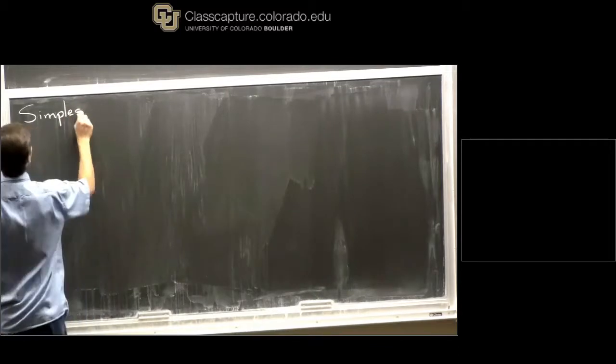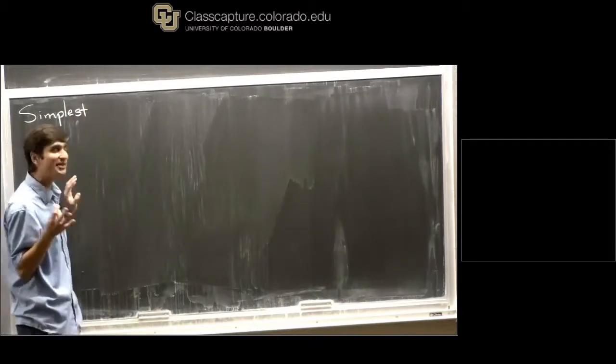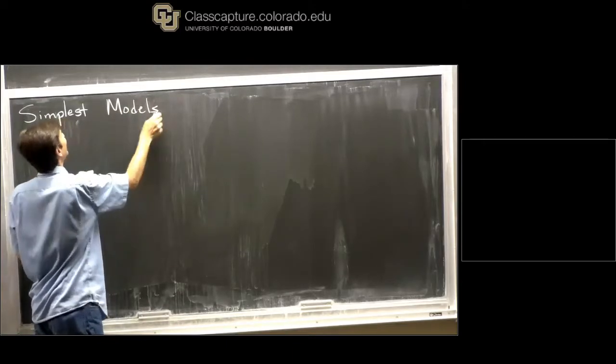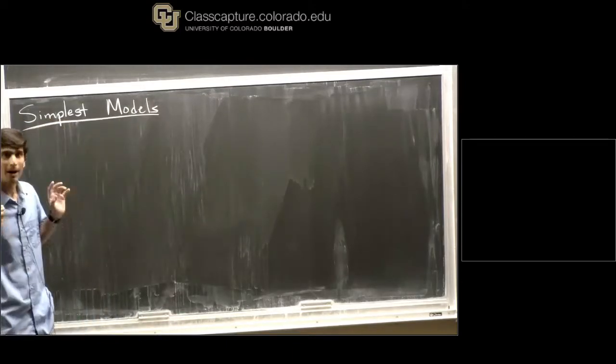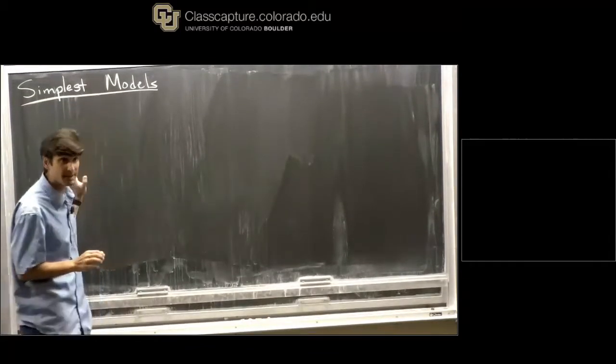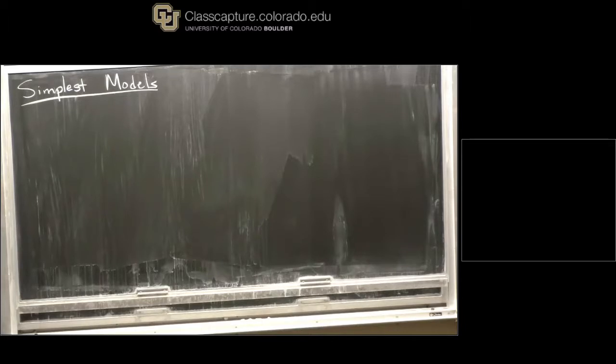It's really astonishing to me how much basic stuff we don't know, even in the context of the simplest possible models. So let's talk about what basic ingredients the simplest possible models of these processes have to include.